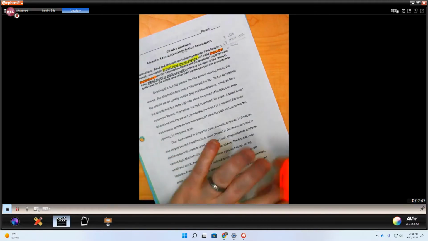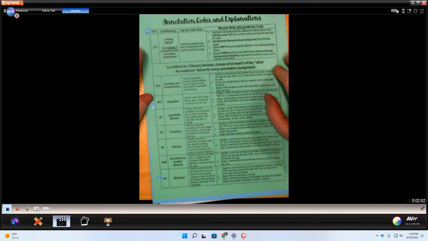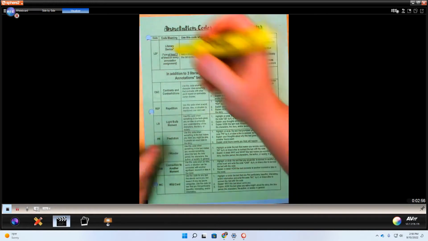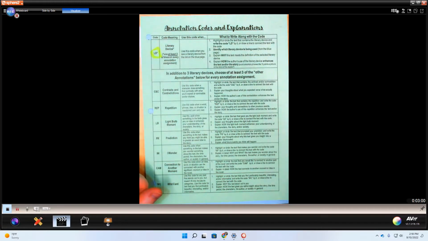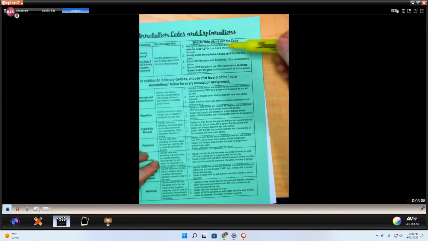So this is going to help you. This green paper is going to tell you how to annotate, right? This part's a really important part. It will tell you how to annotate the literary devices. It'll tell you that you need at least 3 of those for every assignment, and it'll tell you step by step how to do an annotation for that literary device, okay?